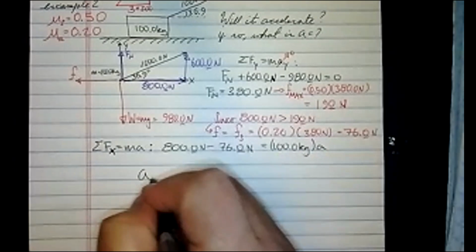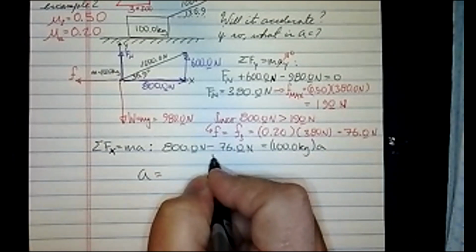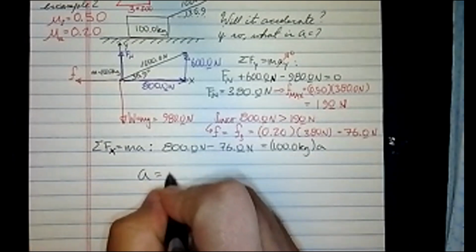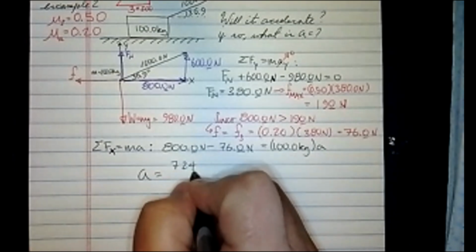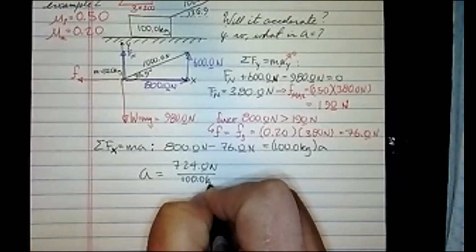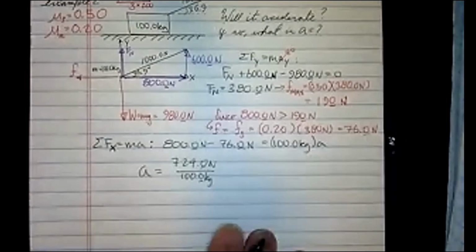So we can see that a, notice when I subtract 76, I'm going to get 724. And then I'm going to divide that by 100.0 kilograms to 3 sig figs.